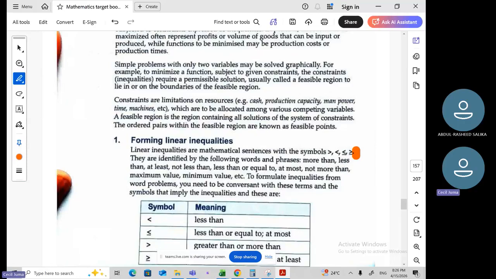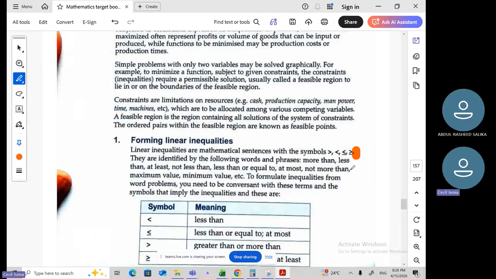That's a constraint. In real life situations, you will always face issues. You don't have enough money to achieve everything. But with the little money that you have, linear programming can help you to achieve more output with the little that you have.